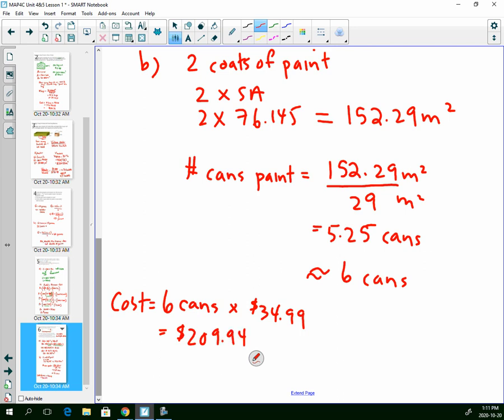Okay, so another question where they're going to ask you to calculate cost, right, which is a kind of a couple of steps problem because you have to figure out how many cans or bags you need before you can determine the cost. Okay, so there are quite a few practice questions in that part of the guide.